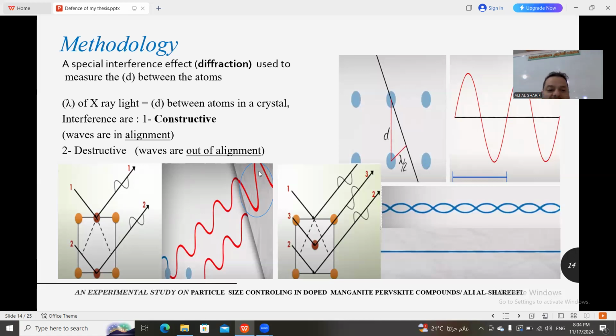But when the waves are out of alignment, I have destructive diffraction, and the wave will be lying like that. Why do I have constructive and destructive interference? Because the atomic planes will act as a slit. This is very important.